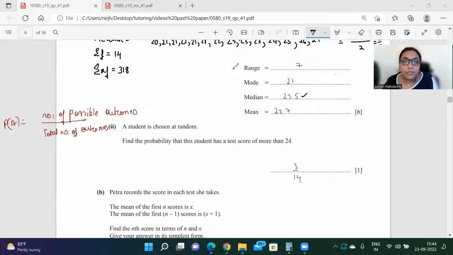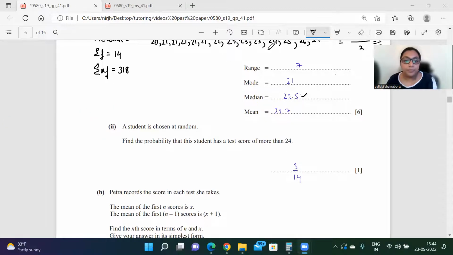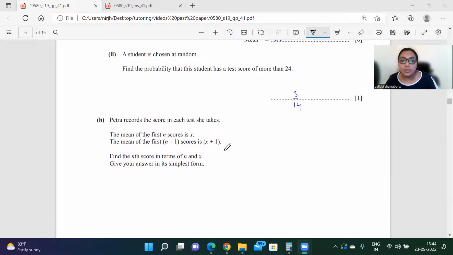Moving on to the next question, we have: Petra records the score in each test she takes. The mean of the first n scores is x. Now remember how we have described mean. Mean means you sum all the data, the summation of that data, divided by the number of data points.